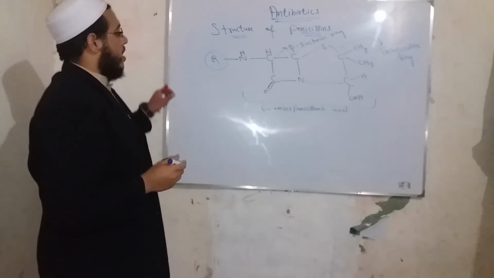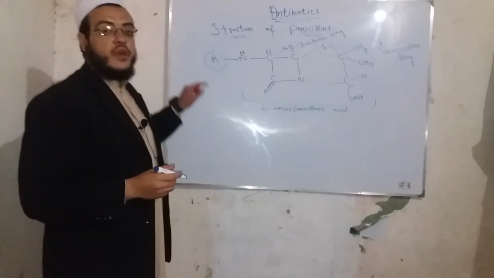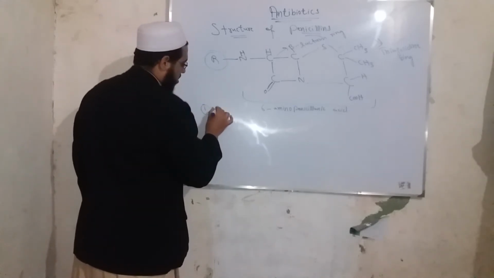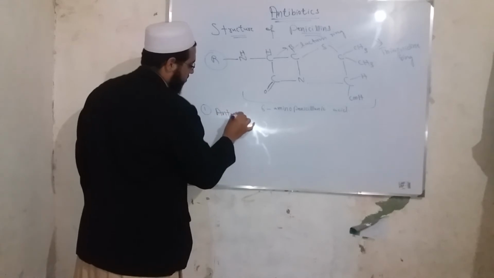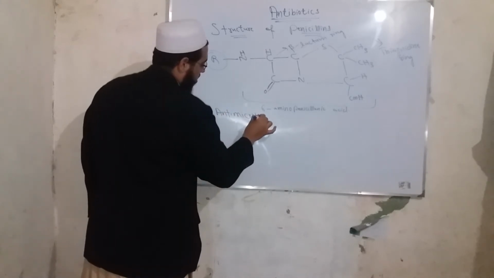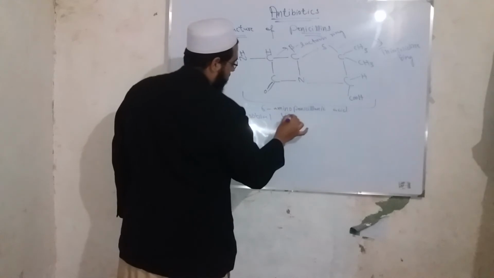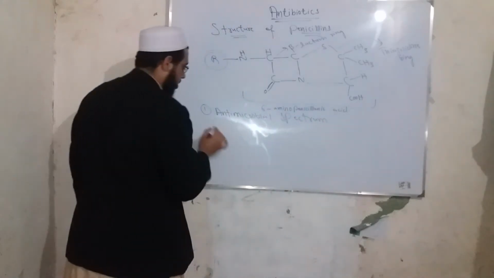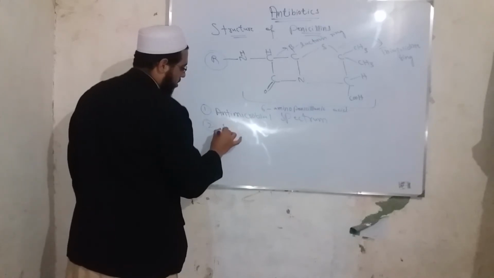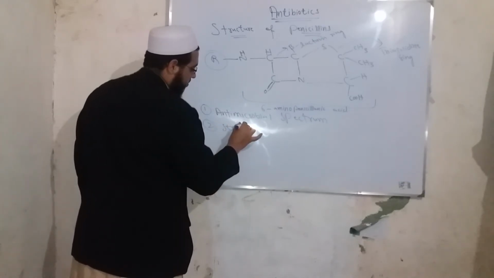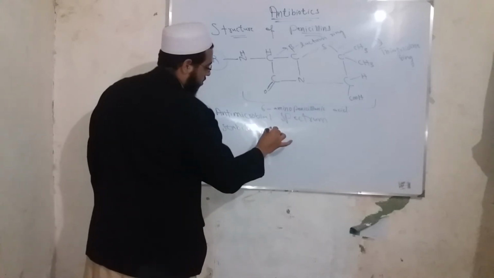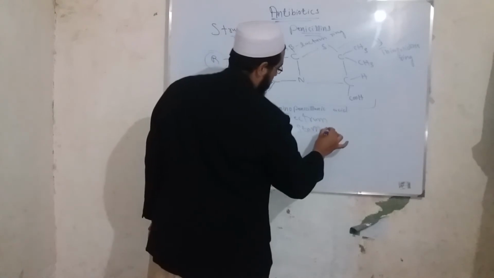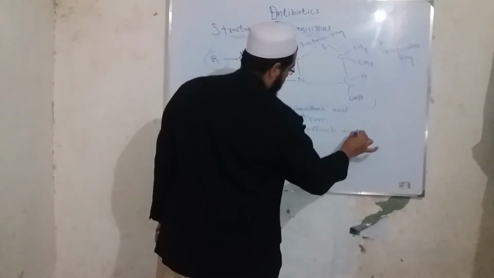The nature of this side chain affects the following things. Number one, antimicrobial spectrum. Number two, stability with stomach acid.